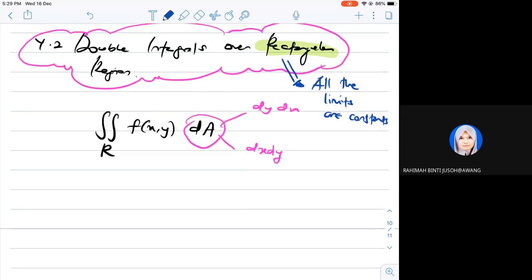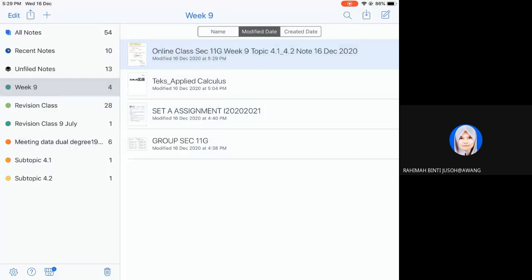So we can just simply change dy dx into dx dy, only for rectangular region. But for the next subtopic 4.3, in non-rectangular region, you cannot simply change the order of integration. There is a certain step to follow.